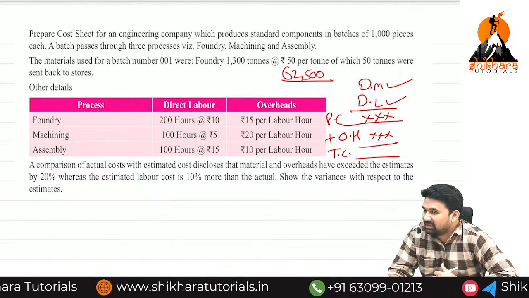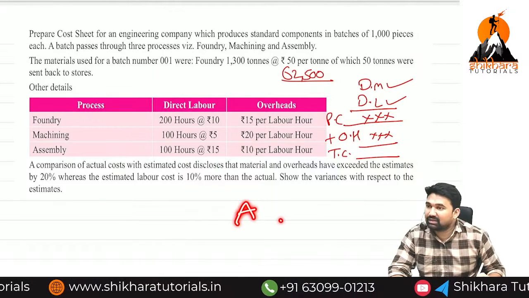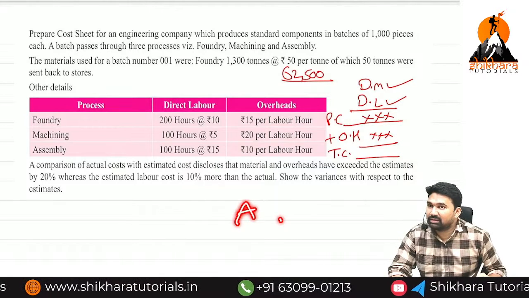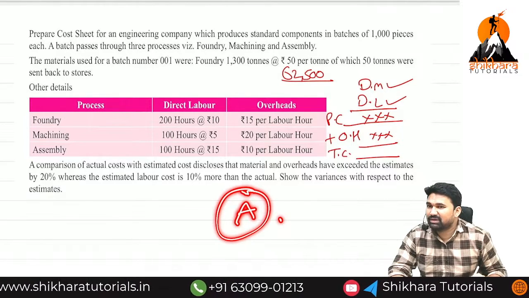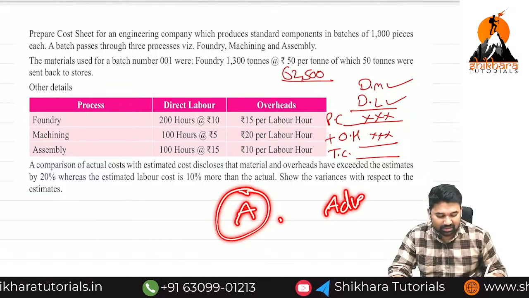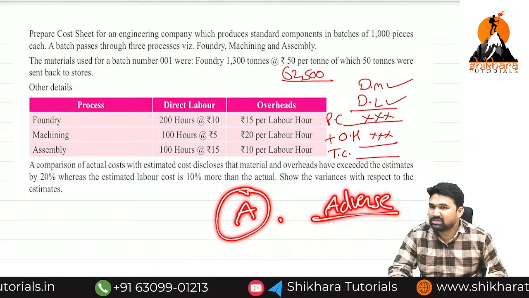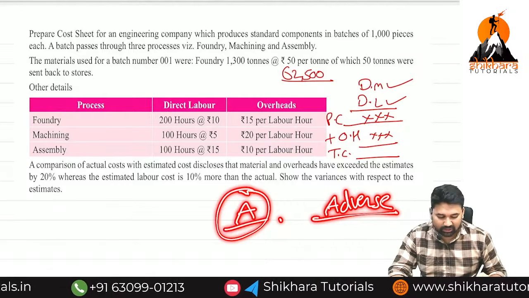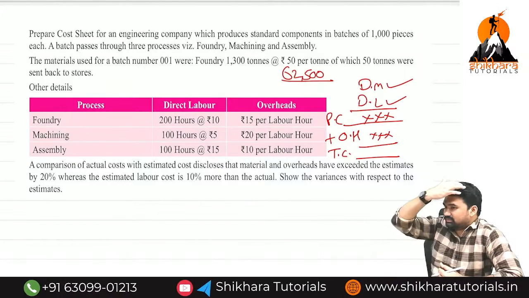This kind of negative situation will be denoted with A. A for adverse. Adverse means negative only. So this kind of negative situation will be denoted with A, adverse.